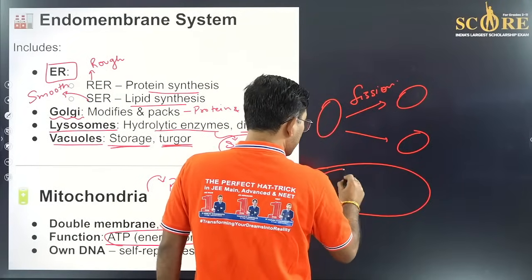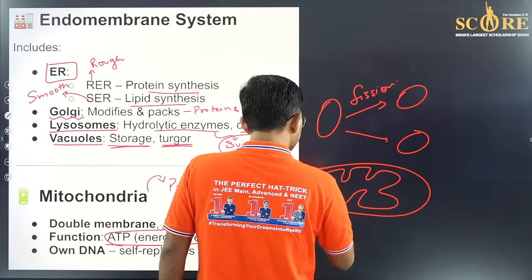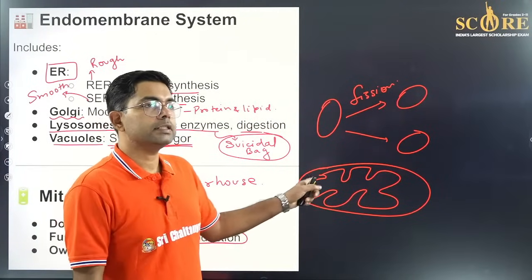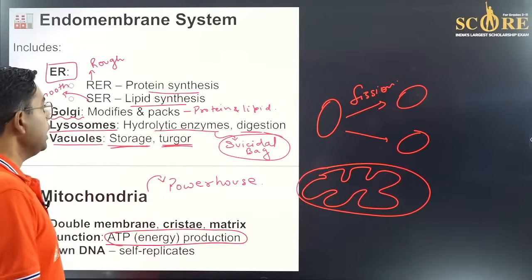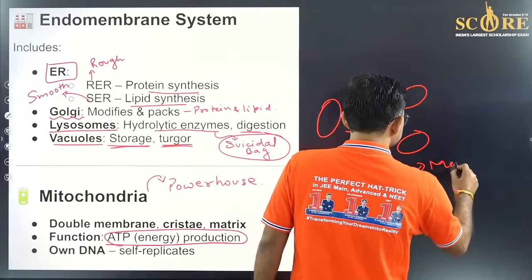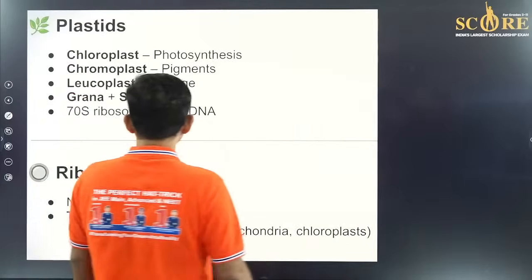Outer membrane and inner membrane is folded like this. So can we say in mitochondria the outer membrane is regular, inner membrane is folded, right? Then inside is the matrix.